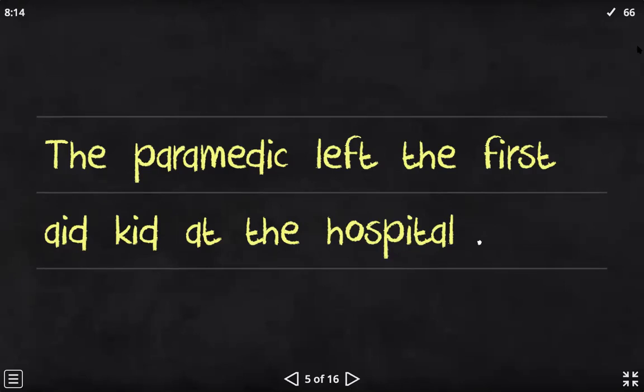That was my mistake. I'm sorry. But the paramedic left, an irregular verb, que es to leave, que significa dejar o irse. The paramedic left the first aid kit. El paramédico dejó las cosas de primeros auxilios en el hospital, at the hospital.